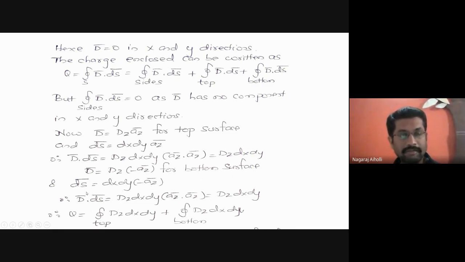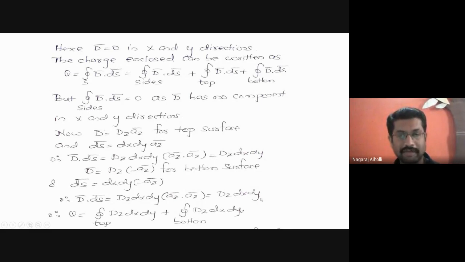Then find d bar dot ds bar, that is the dot product: dz dx dy, then minus az bar dot minus az bar, minus into minus is plus. Therefore, az bar dot az bar is again 1. Yes or no? Therefore, it will be simply d bar dot ds bar is equal to dz dx dy.